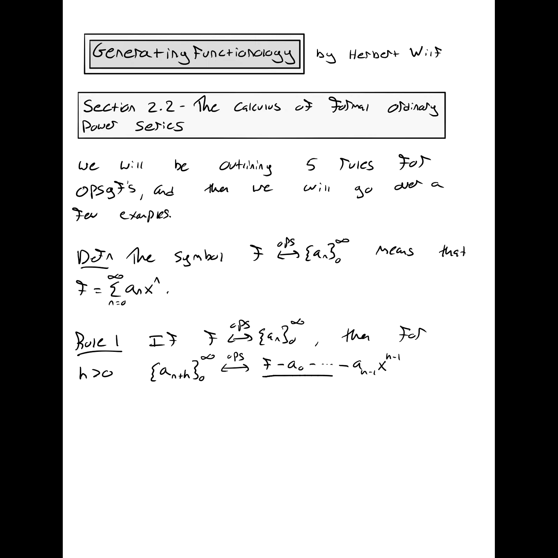And in order to do that, we're going to need to divide by x to the h. And then that'll perfectly give us the ordinary power series for this. And this rule is a shifting rule. So that means if we ever have a sequence and its generating function, we can determine the generating function for the shifted sequence as well. So let's do an example of this.